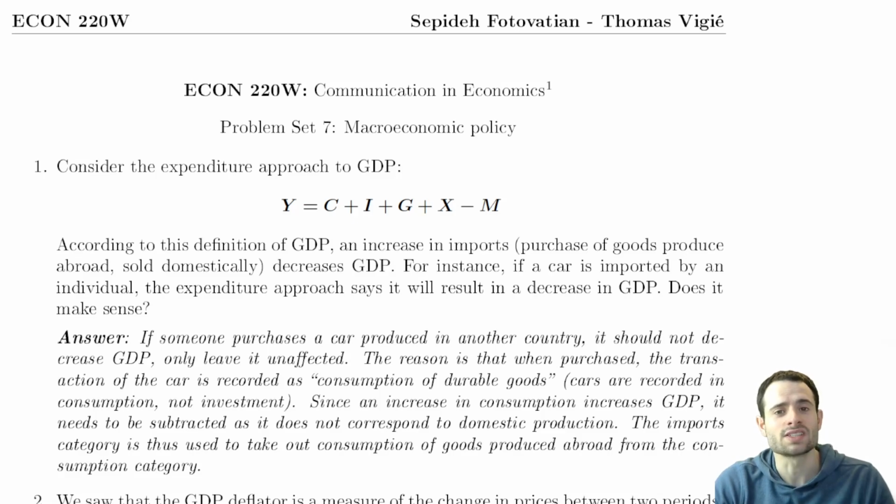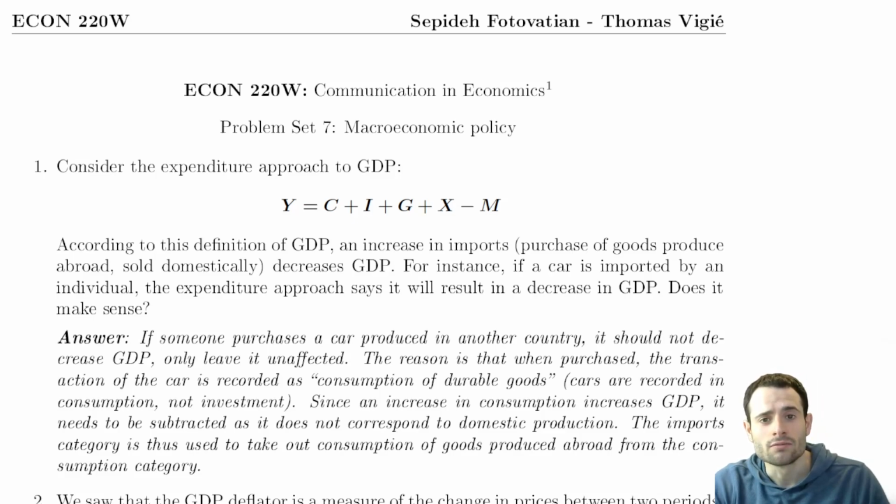Thus, it is important to understand exactly how each of these categories are being recorded. Another example is, would a car enter the investment category or the consumption category? After all, a car could be considered an investment. It is typically used for more than a year.